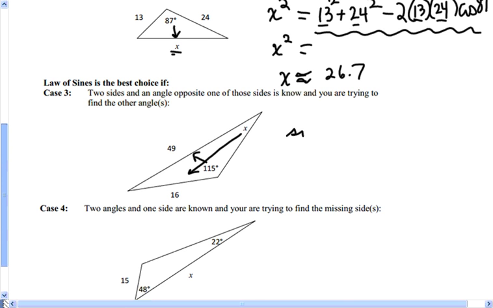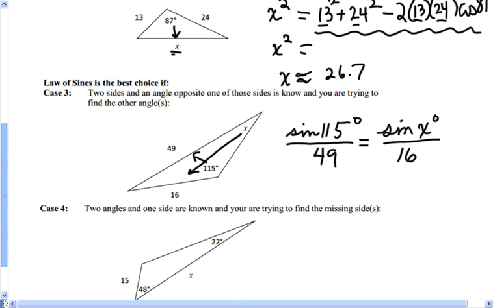So we can say that the sine of 115 degrees divided by 49 is equal to the sine of x degrees divided by 16.